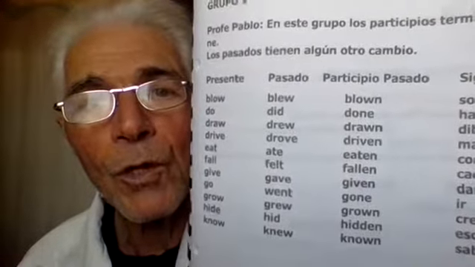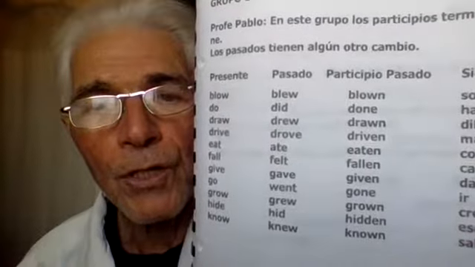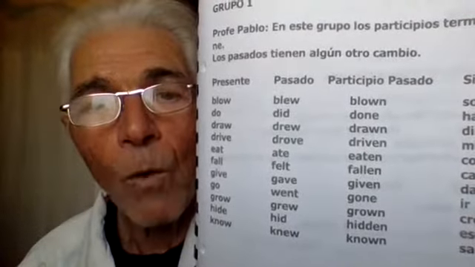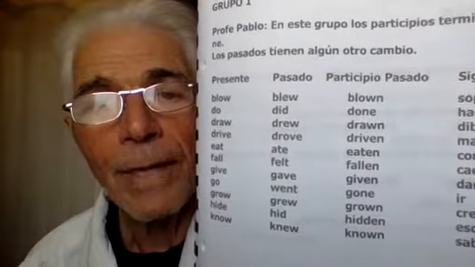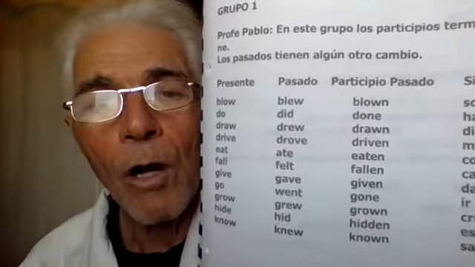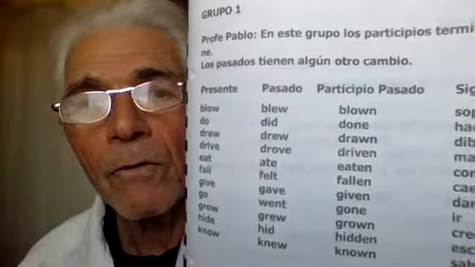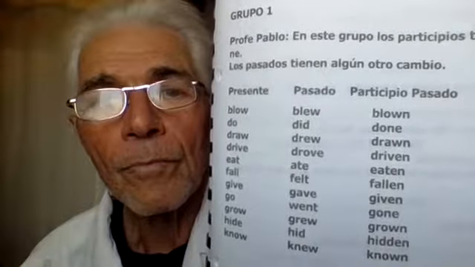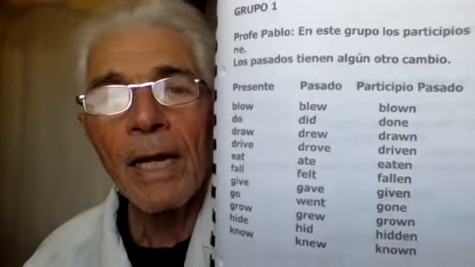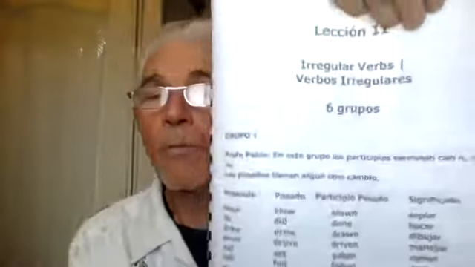And then I also show that there's certain words that, for example, blow and know are twins. Blow, grow, know, they're all twins. That's group 1.